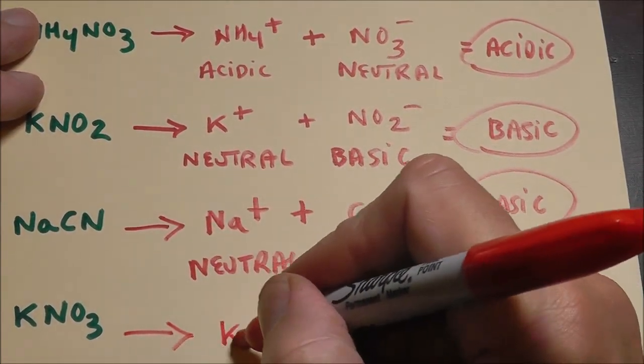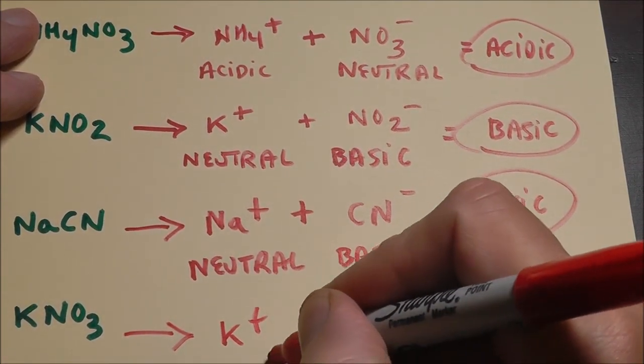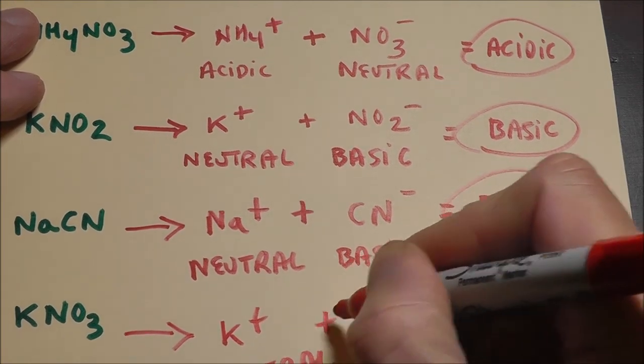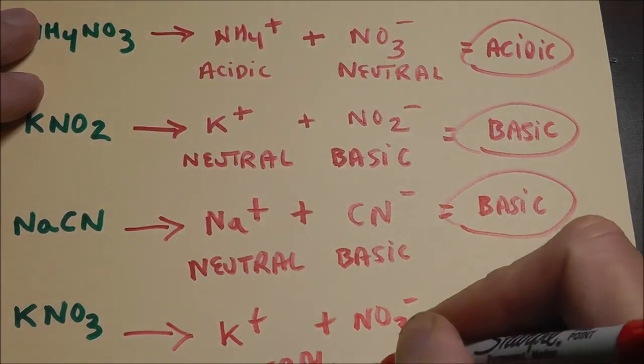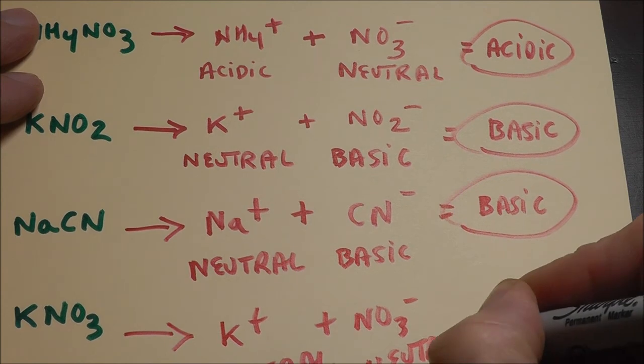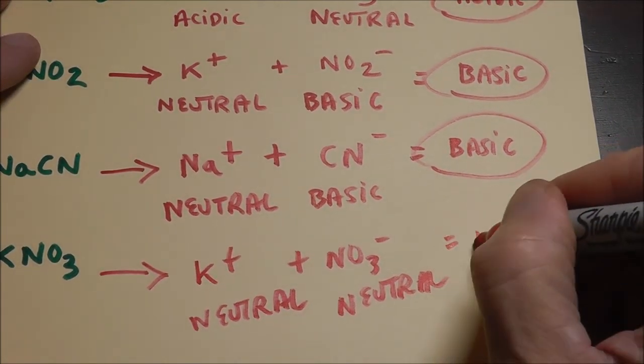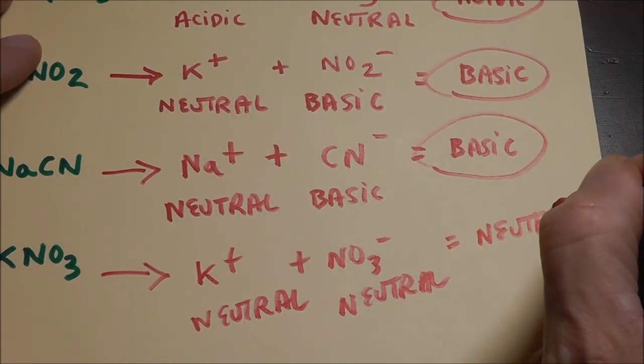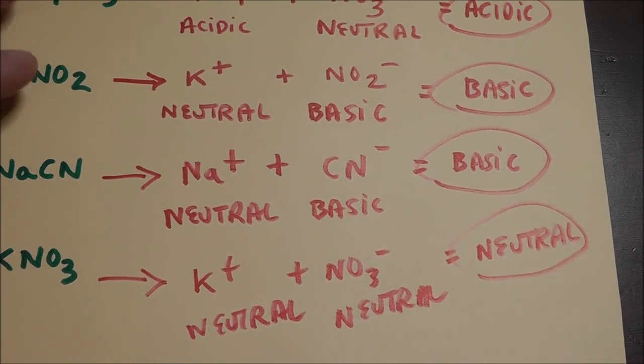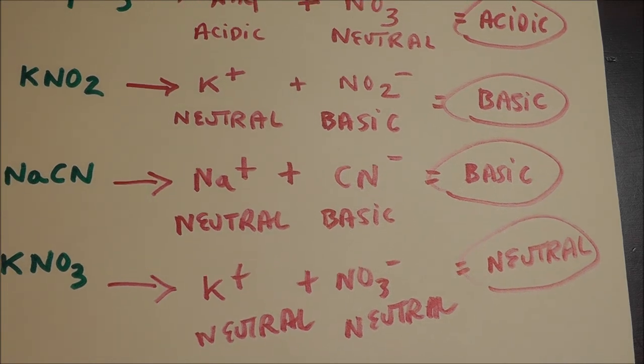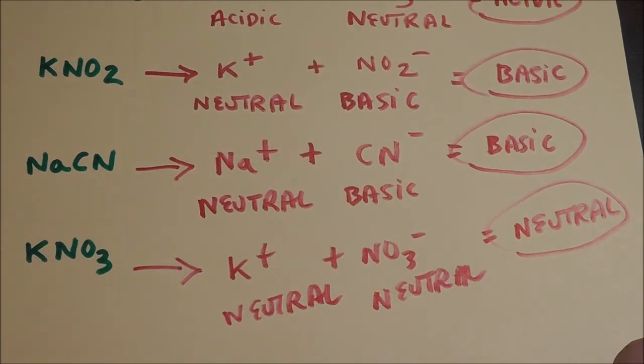Potassium, we already talked about, neutral. Nitrate, we already talked about, neutral. Neutral plus neutral equals neutral. There you go. And that is just qualitatively, no numbers yet, numbers are coming next, qualitatively determining what is acidic, basic, or neutral.